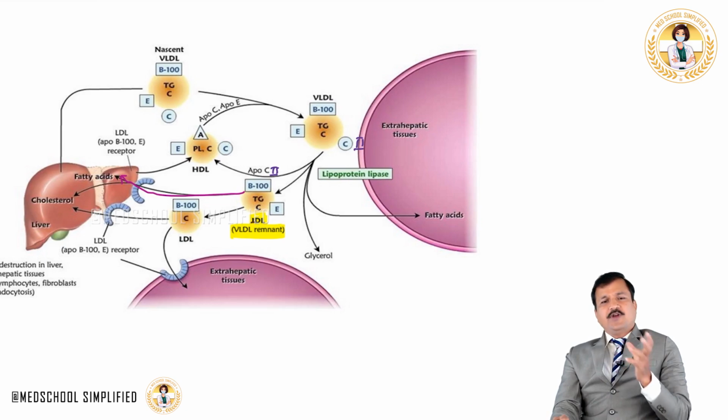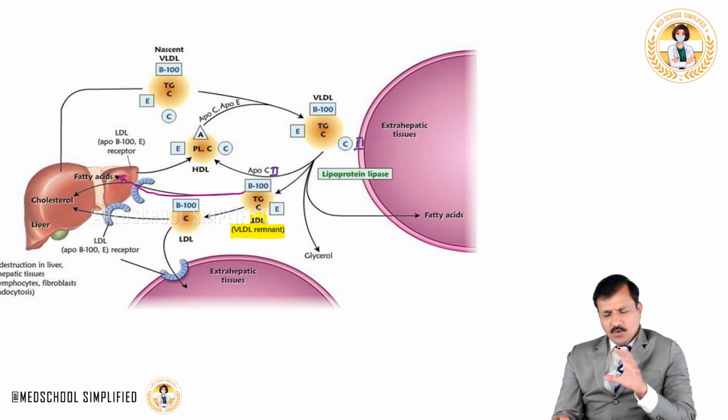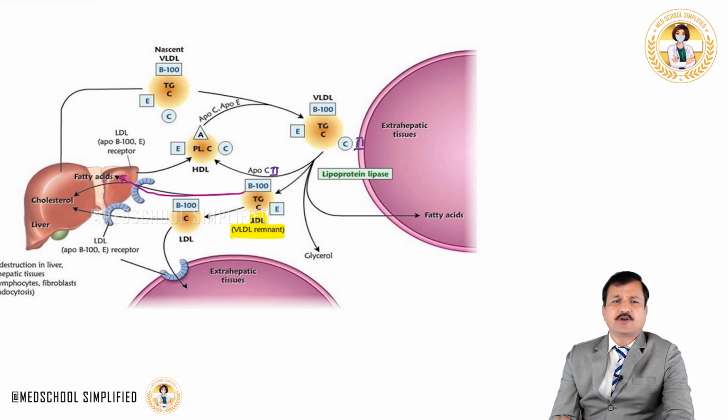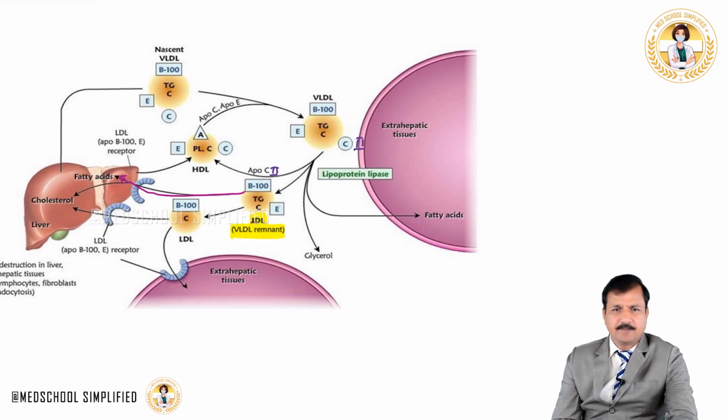And then another fate of IDL is that IDL can be converted into LDL. We are going to see that subsequently later in IDL and LDL metabolism. Right now, let's restrict ourselves to metabolism of VLDL only.